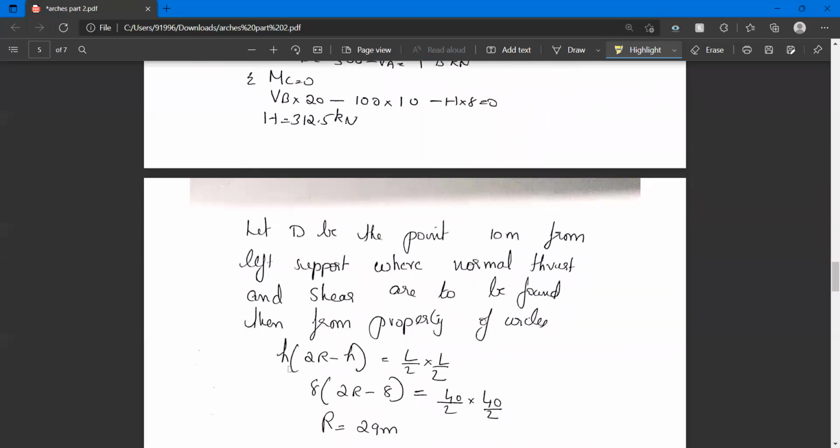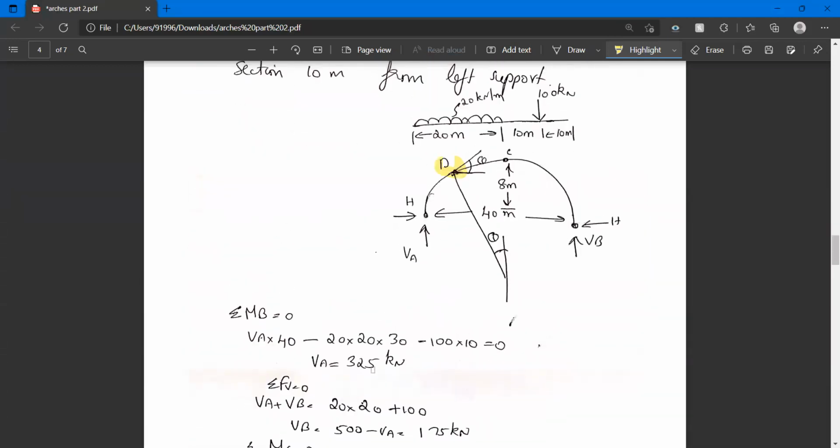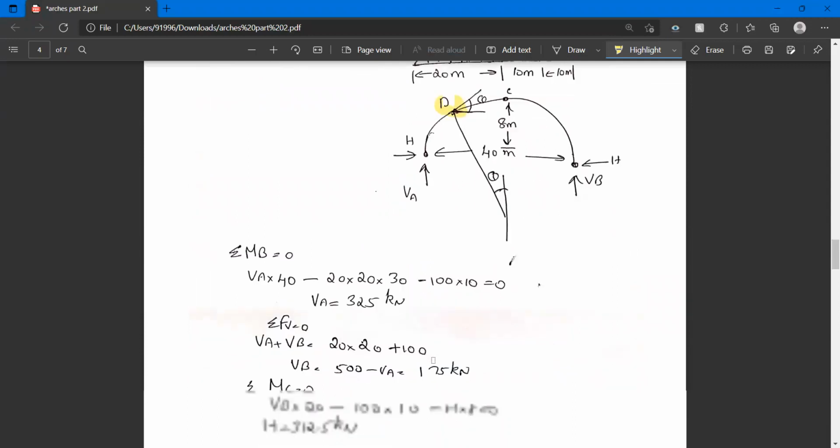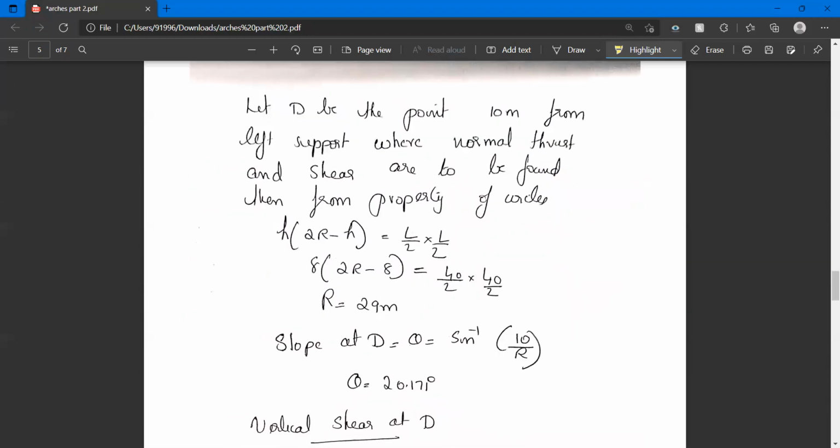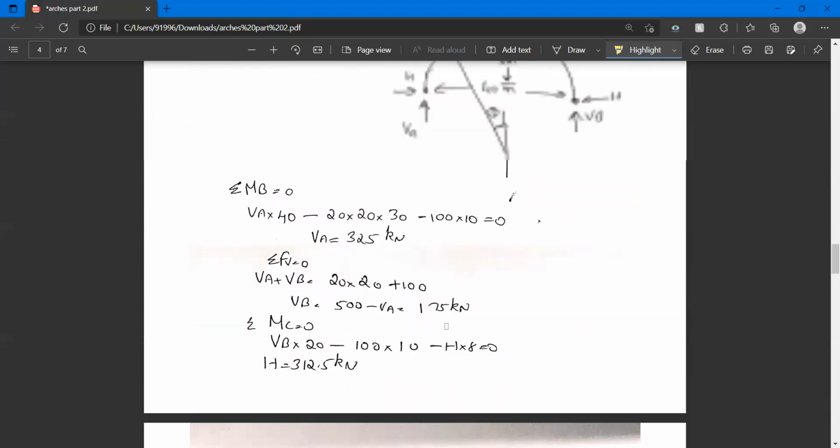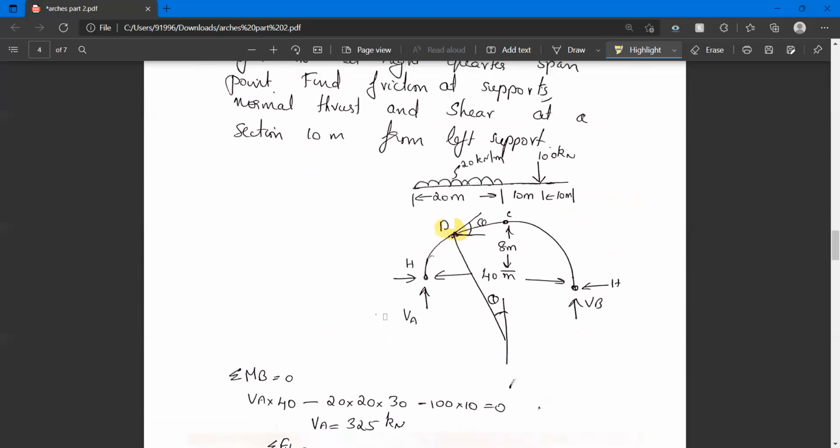Okay. Now to find theta, we should find R. How can we find R? To find R, you should use the property of circles: H into 2R minus H equal to L by 2 into L by 2. In this equation, you know H, you know L, so you can find R. Once you find R, see this diagram.